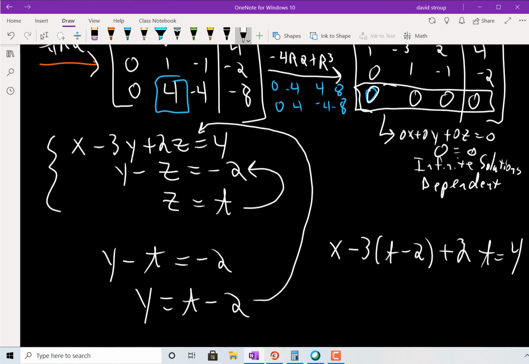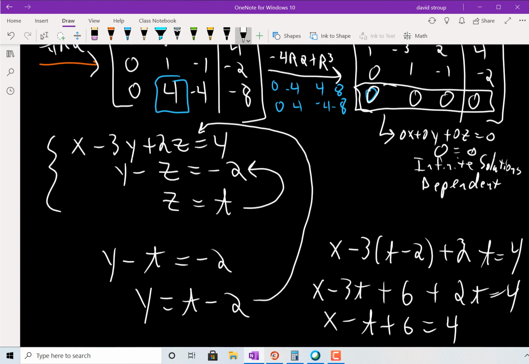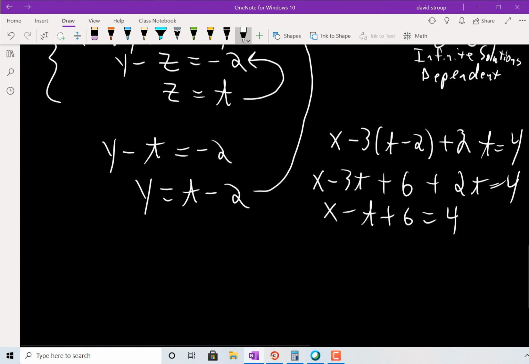And you want to solve for x in terms of the free variable. It should be z, but for some reason they use t. So x minus 3t plus 6 plus 2t equals 4. You get x minus t plus 6 equals 4. And then you're going to get x equals t minus 2.